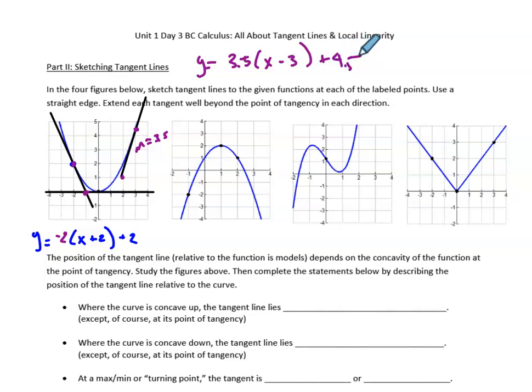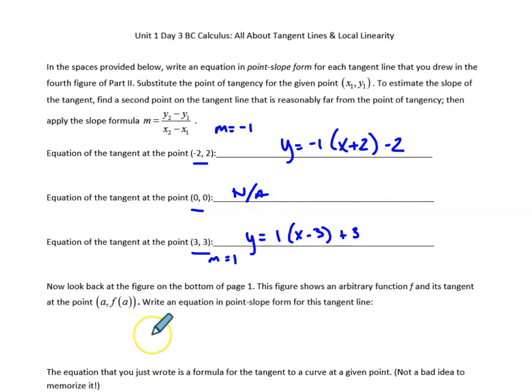Now it says here to take a look back at the figure at the bottom of page 1, which showed an arbitrary function f and its tangent at the point a, f of a. They're asking you to write an equation of the tangent line at that point. If I'm given a point a, f of a, I'm going to have in parentheses x minus a, and then out here plus f of a.